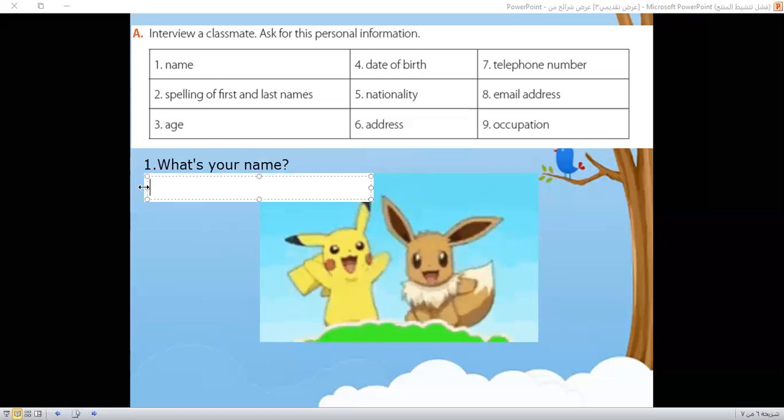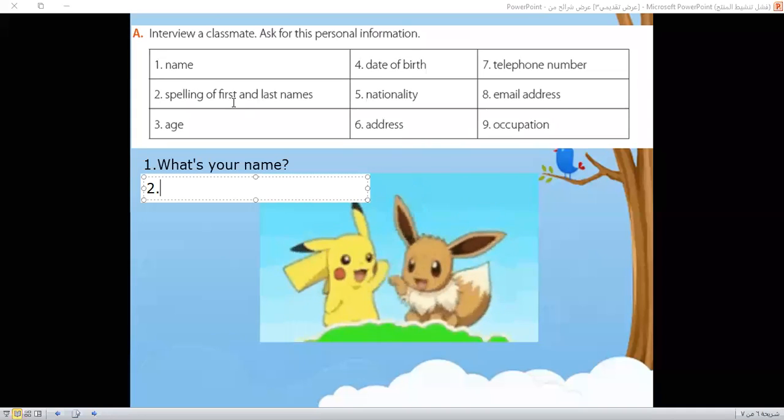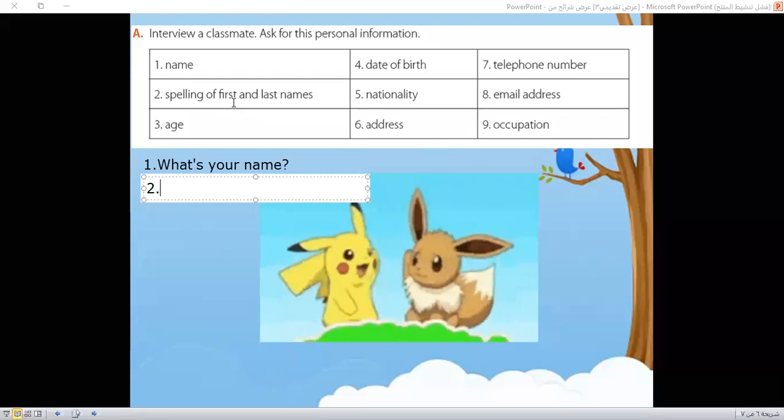Number two, if I'm going to ask about the spelling of the first and last name, let's say only the spelling of the first name. How am I going to ask about the spelling?